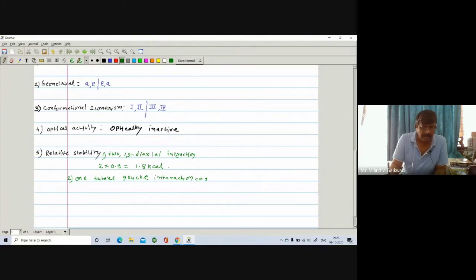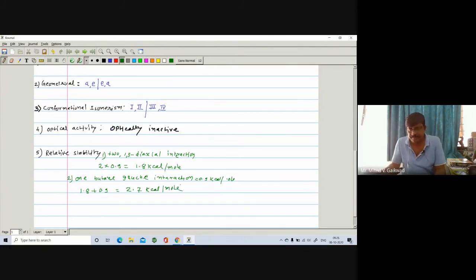So the total energy for this compound is equal to 1.8 plus 0.9, which is equal to 2.7 kilocalorie per mole. So this is the energy of this compound.